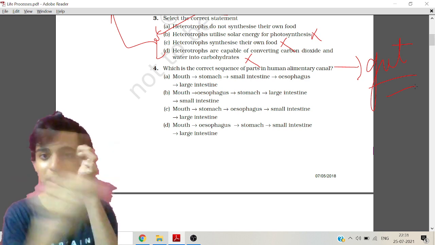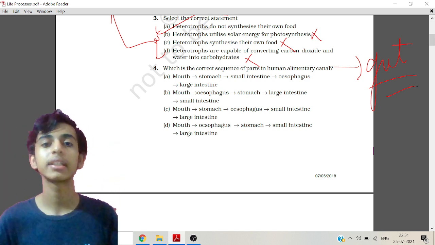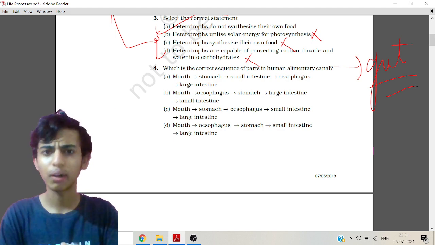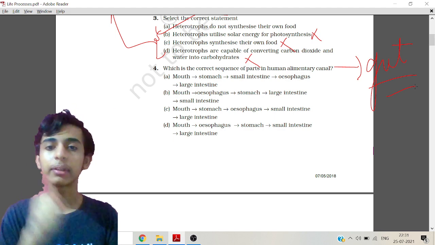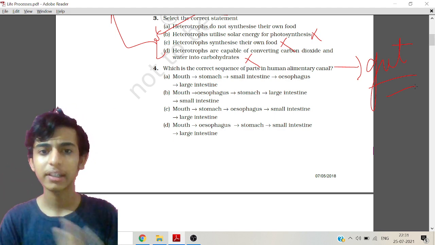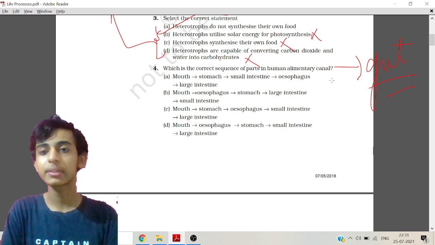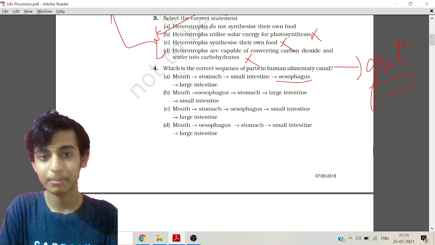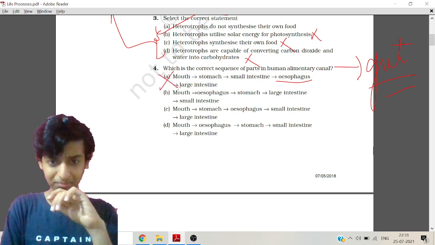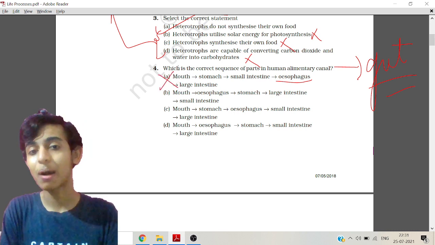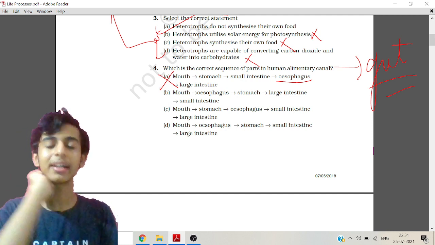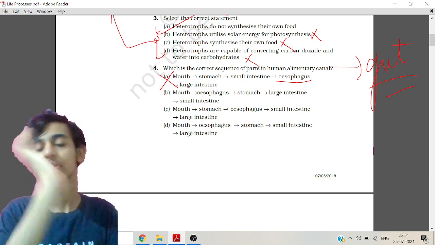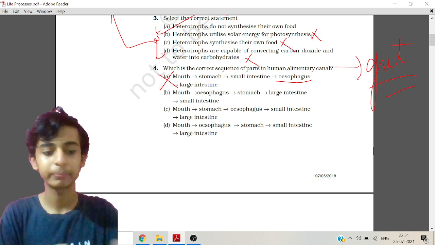Now they are asking for the correct sequence, the order in which the food moves in our digestive system, the whole alimentary canal. Mouth, stomach, small intestine, esophagus, large intestine. See here, you are able to see esophagus is after small intestine, which is not possible, right? We know the correct sequence. One trick is that you should first draw your sequence.